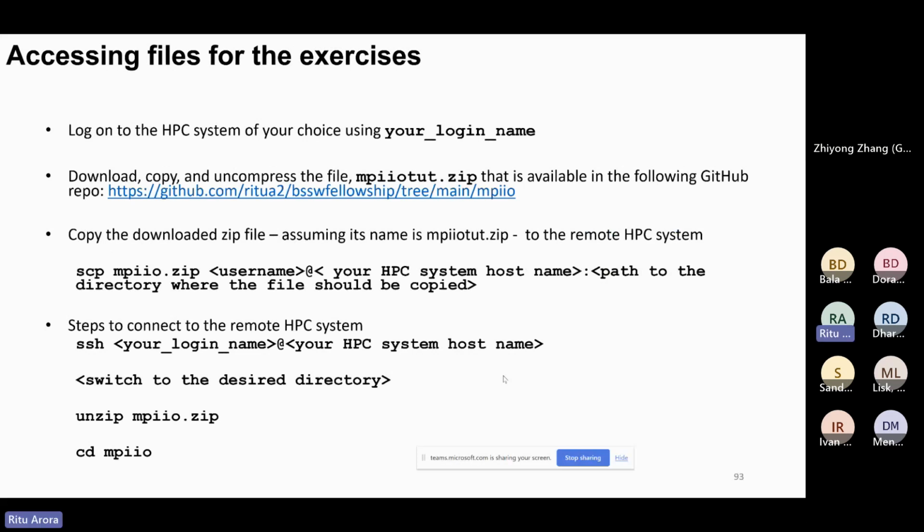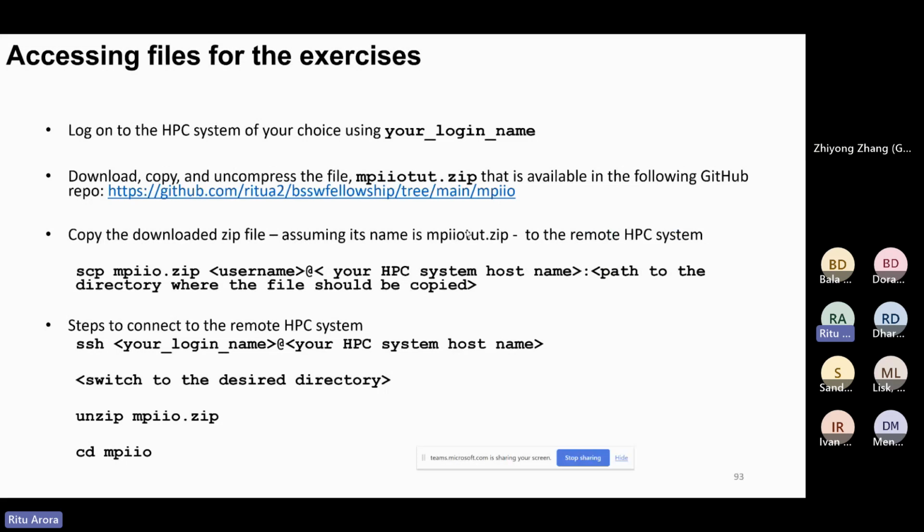This information here is on how to connect to the HPC system of your choice and download and compress the GitHub repo. So this link here on the slide contains the code samples that would be useful. Yesterday, I shared the Google Drive link also, so that Google Drive also has the same code samples.